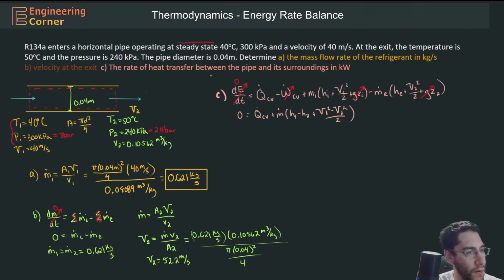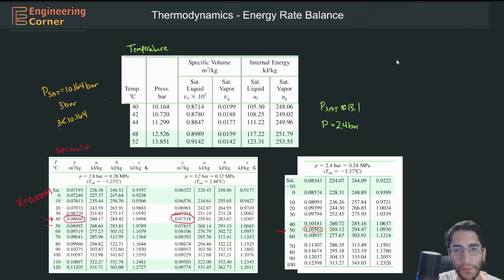We do need to figure out what h1 and h2 are. So we go back to our table and look at h1 and h2. For h1, we're going to have to interpolate, or average these two numbers.